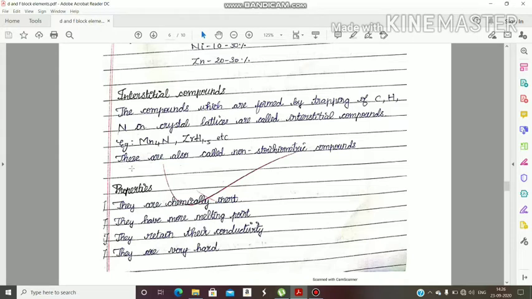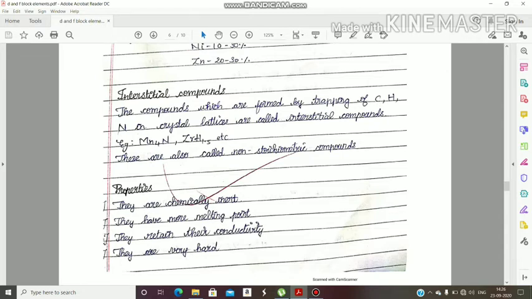If these elements are trapped in those small gaps, then these compounds form. Such compounds are called interstitial compounds. For example, Mn4N and ZrH1.5 are examples of interstitial compounds. These are also called non-stoichiometric compounds, that means in these compounds the composition is not perfect because these elements are trapped in the gaps of the crystal.